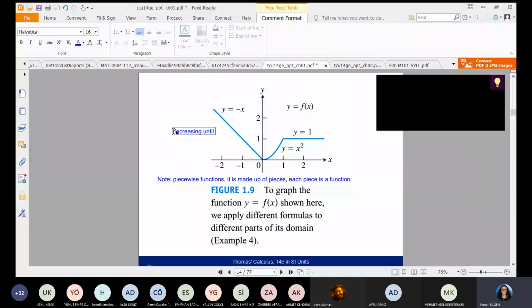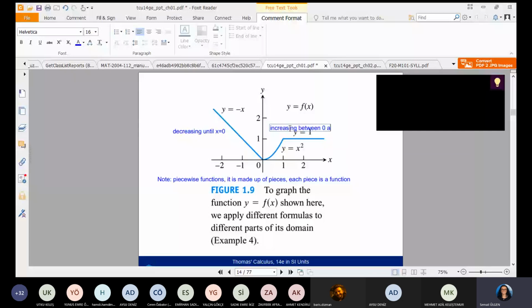And then here we can write increasing between 0 and 1.